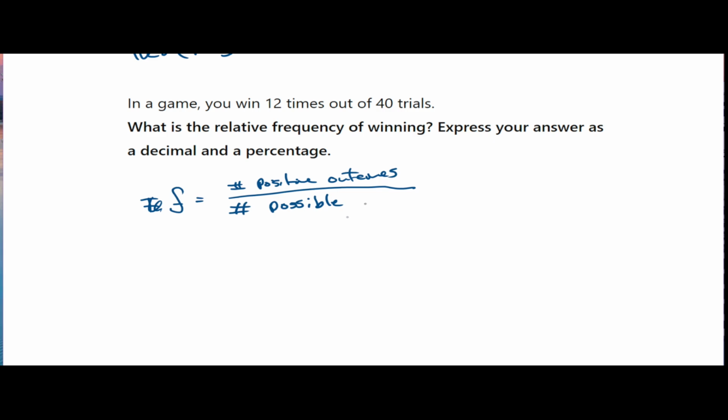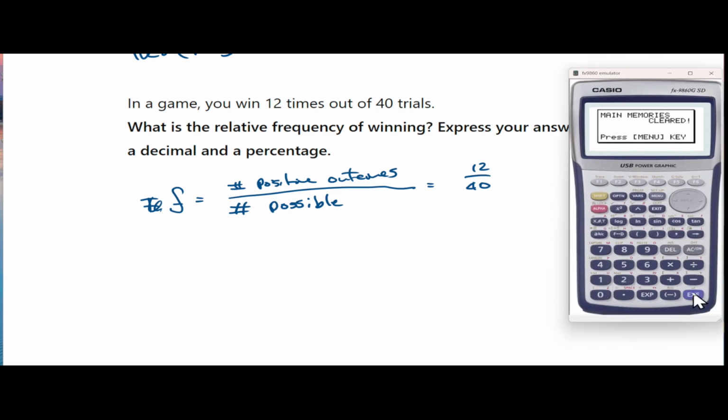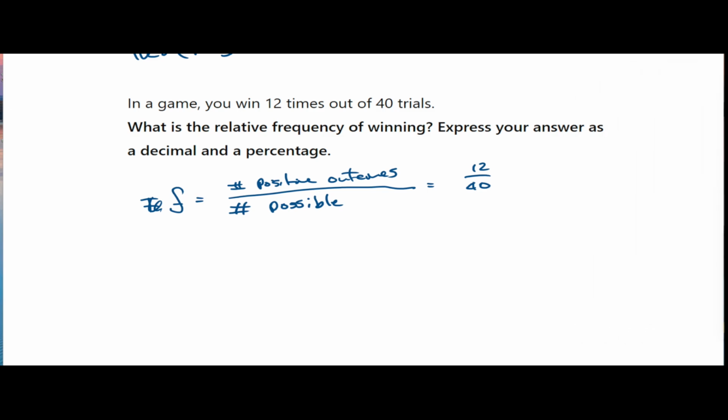We're going to presume that each of these 40 trials is identical. So it's going to be 12 over 40. I think that's 0.3, isn't it? 12 divided by 40 is 0.3, and they want it as a percentage. So 0.3 times 100 is, of course, 30%.